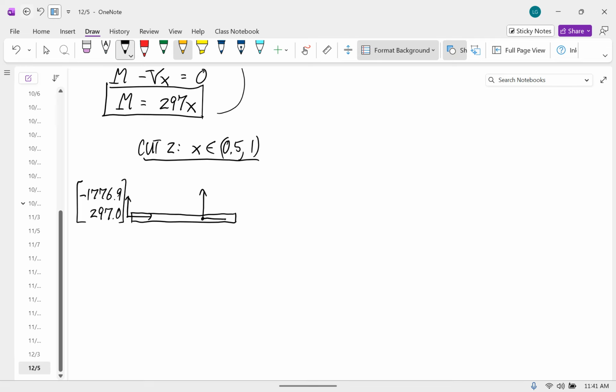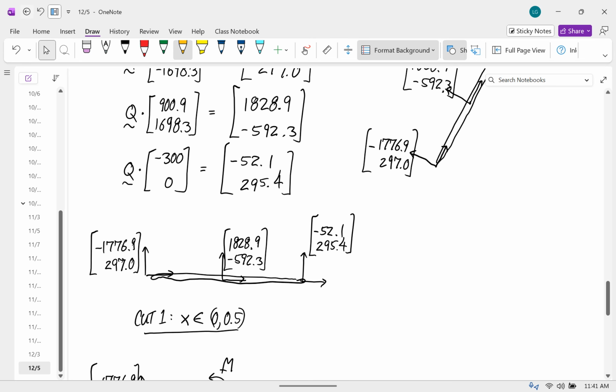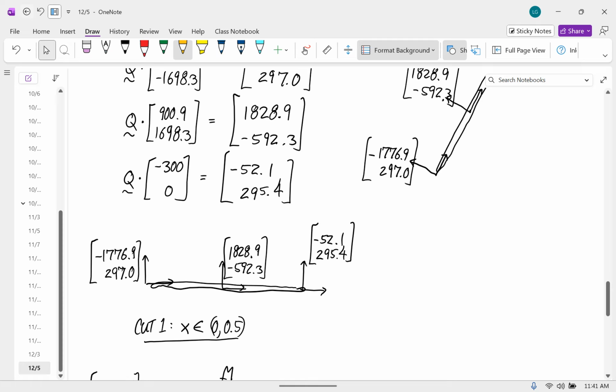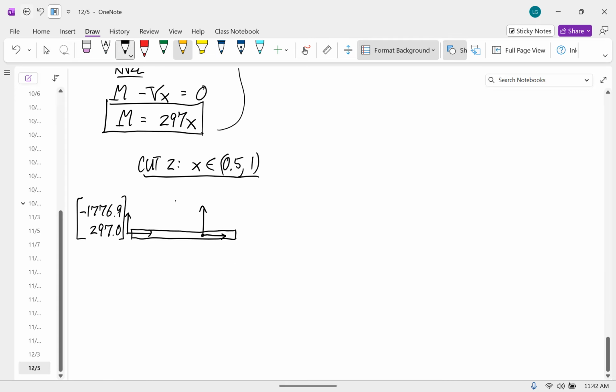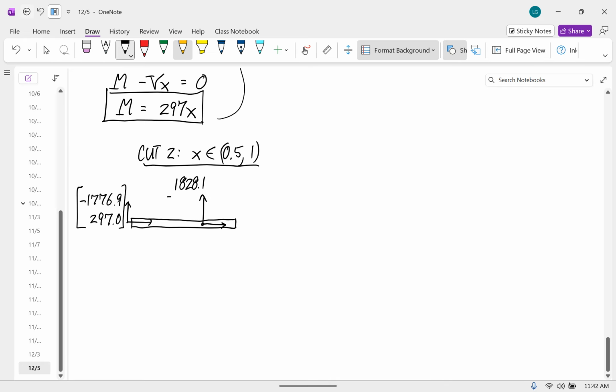Now we also have to include that force at the midpoint, which is 1828.1, negative 592.3. And then T, V, and M.